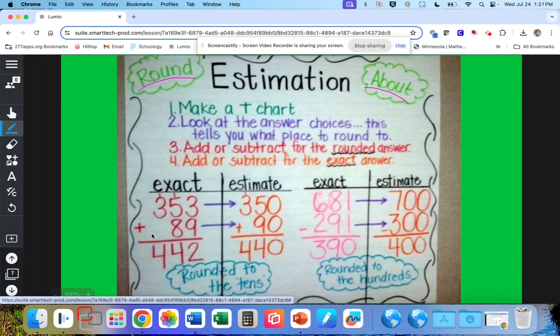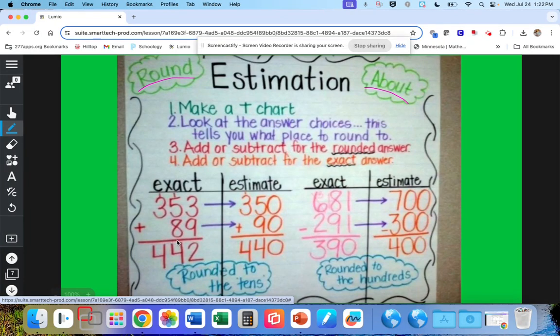353 plus 89. Now, if I was at a store and I was buying some items and I wanted to make sure I had enough money, I probably am not going to add $353 and $89 together. It might just take me too long. So I might want to use estimation to come up with a quick answer. Now, in this case, we look at the highest place value they both share. The first number is in the hundreds digit, but the second number is only in the tens digit.